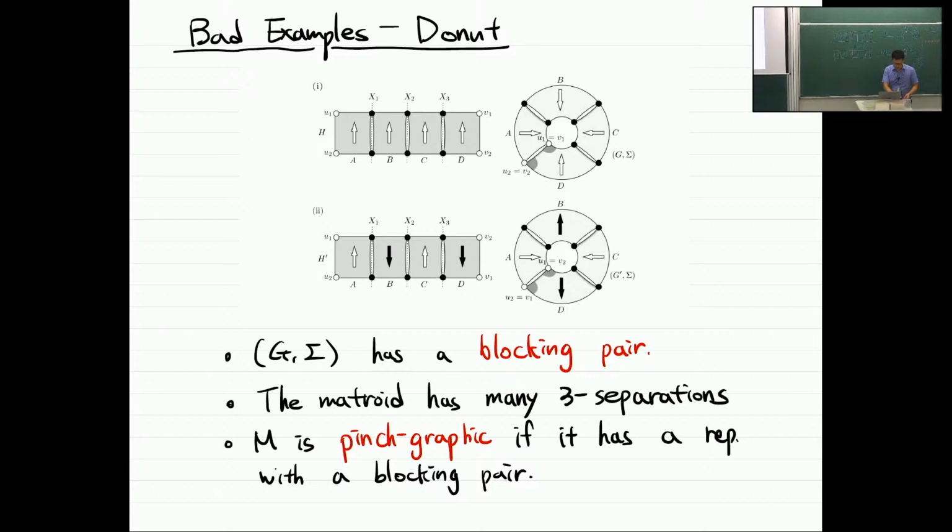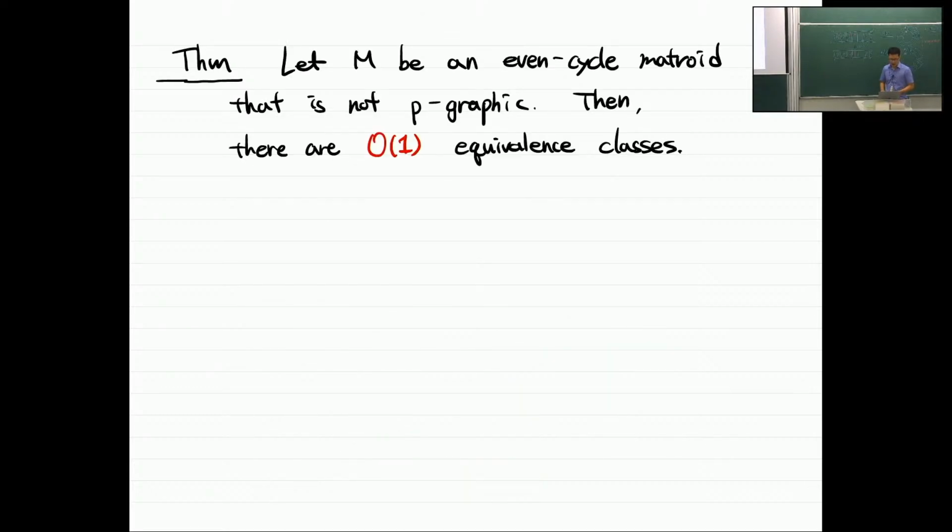And we proved that if M is an even cycle matroid that is not pinch-graphic, then there are only a constant number of equivalence classes.